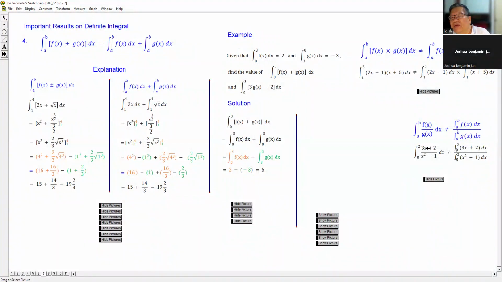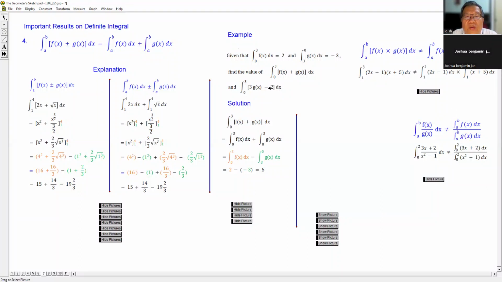For example, if you integrate (3x plus 2)(x squared plus 1), you cannot say, I integrate 3x plus 2 first, then I integrate x squared plus 1. Cannot. The result is not true. It's not true for multiplication and division. Addition and subtraction can. Addition and subtraction, you can separate them. Multiplication and division, you cannot separate.